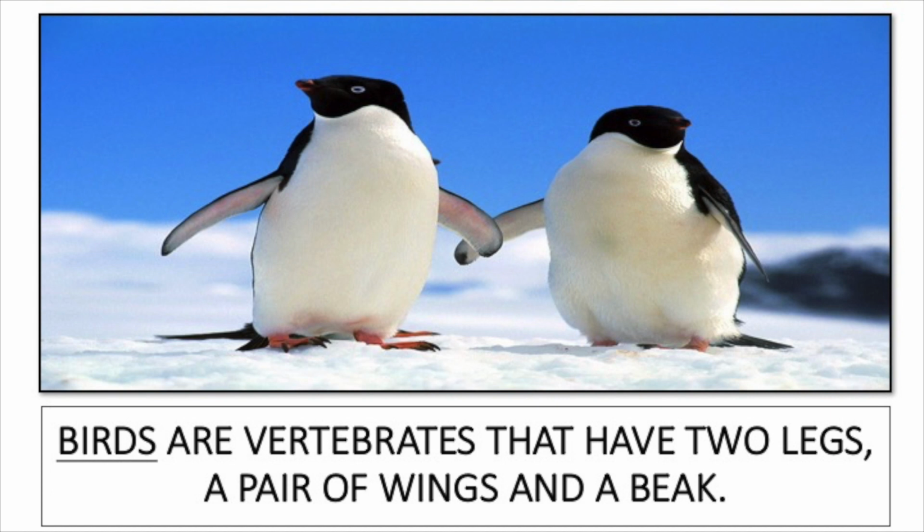Yes, every bird on the planet has to have all of them. So here, even the penguin, we can see how many legs? 2 legs, 1 pair of wings, and instead of a mouth, birds have something called a beak. Yes, instead of a mouth, birds have beaks.